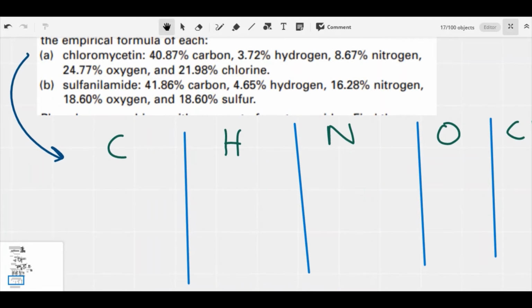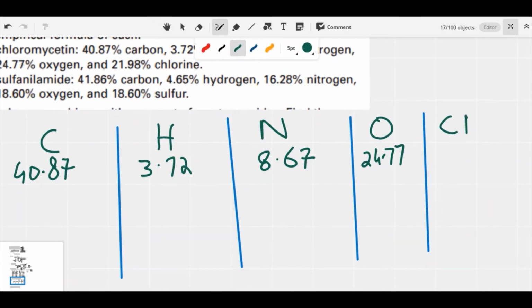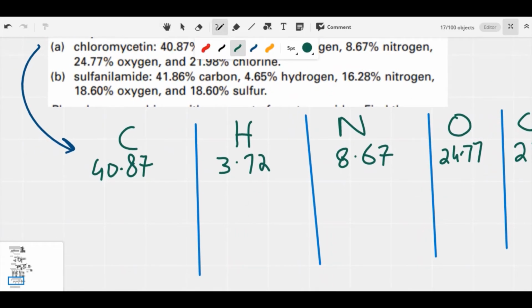First, 40.87% carbon, so we can consider 40.87 grams of carbon. The next one, 3.72 hydrogen, 8.67% nitrogen, 24.77% oxygen and 21.98% chlorine. First we need to find the number of moles of each atom.